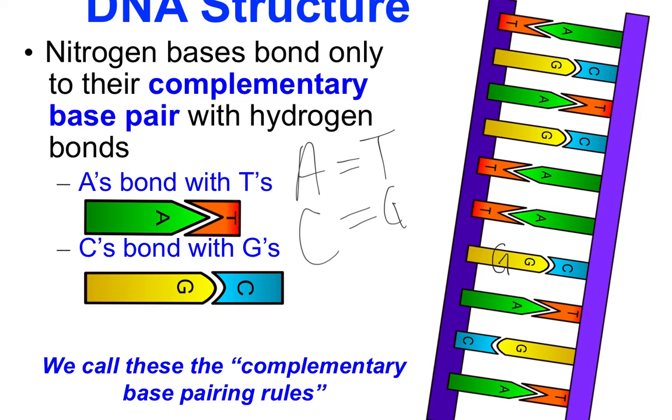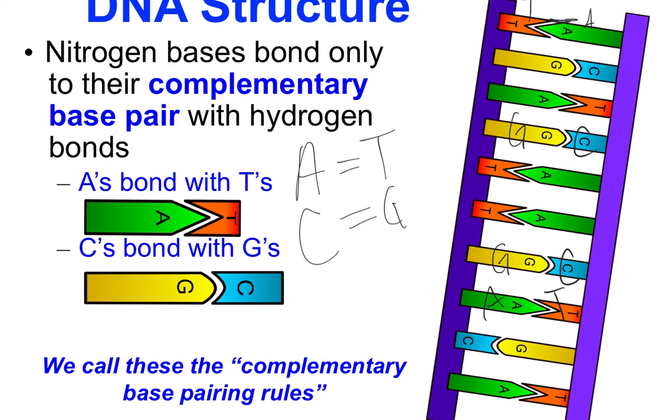Wherever you see a guanine on a DNA molecule, hydrogen bonded opposite to it is going to be a cytosine. And same with adenine and thymine. If you have a thymine, you're going to see it paired up, hydrogen bonded, with an adenine, and all the adenines will be paired up with the thymines. This bonding of the nitrogen bases together creates this ladder type of structure. We call these complementary base pairs.